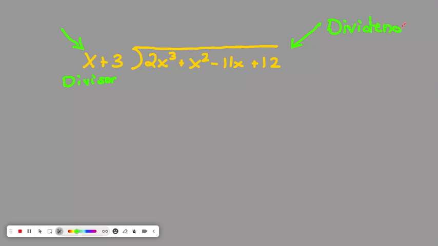So we want to know, how could we multiply this term, this x, to get this first term here? So x times what is 2x cubed? Well, it would be 2x squared. Because if you do 2x squared times x, you'll get 2x cubed.